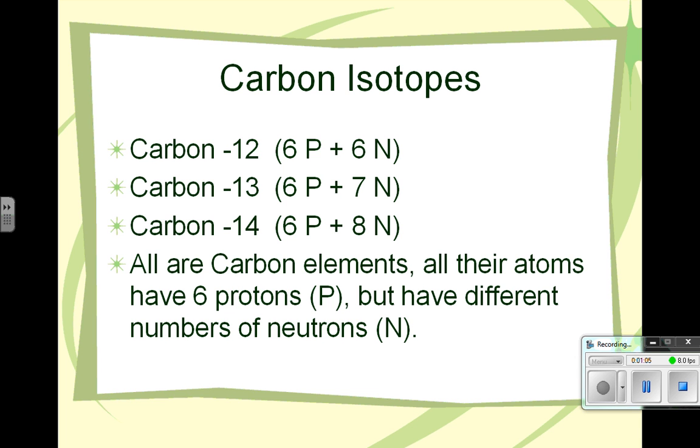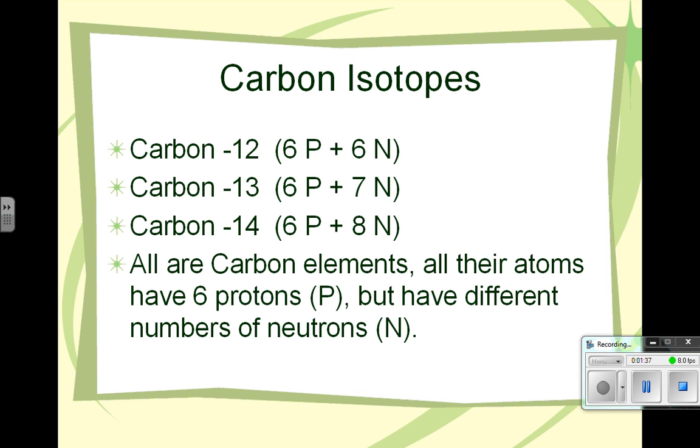So here's an example of some isotopes. Carbon has some isotopes, and we call them carbon 12, carbon 13, carbon 14. If you notice in parentheses after each one, carbon has 6 protons and 6 neutrons in its neutral atom. But in some cases, there's an extra neutron, and we have carbon 13 with 6 protons and 7 neutrons.